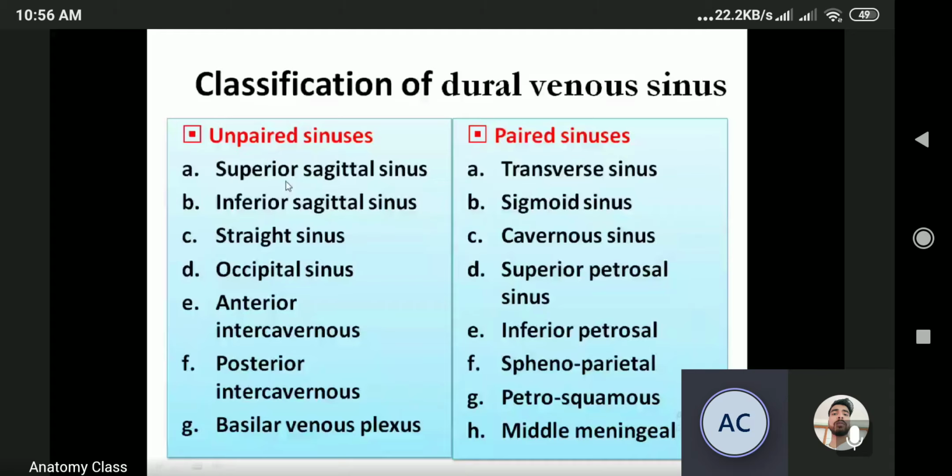To enlist the unpaired dural sinuses: superior sagittal sinus, inferior sagittal sinus, straight sinus, occipital sinus.